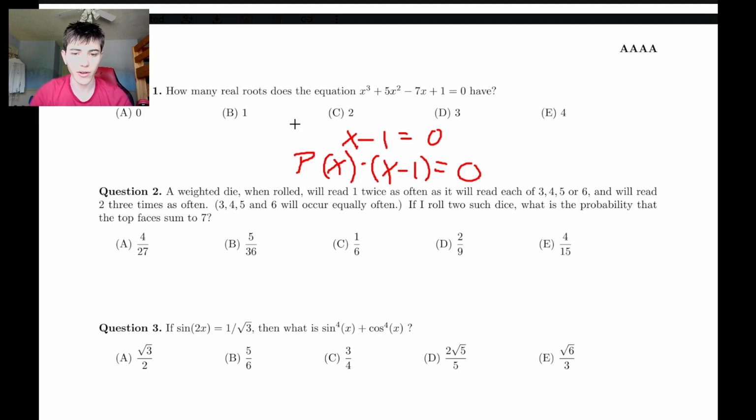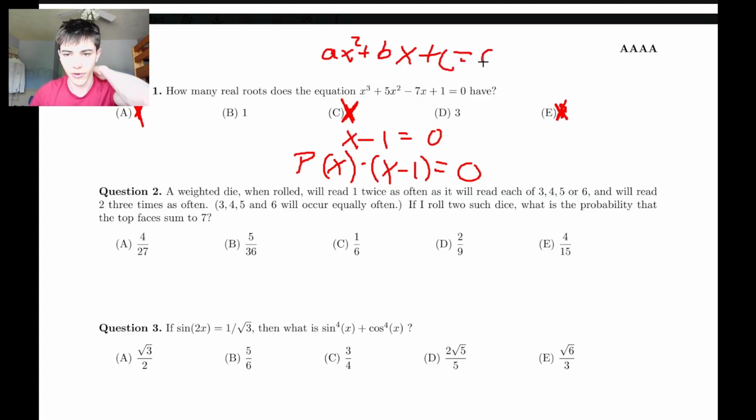And then we're trying to find p of x now so that we can analyze it to see if it has any real roots. It's going to look something like ax squared plus bx plus c equals 0, because we have a third degree polynomial, and then we're dividing off a first degree factor of that polynomial.